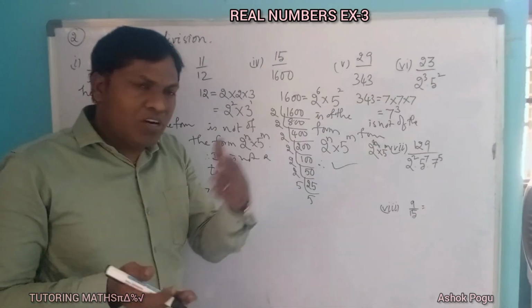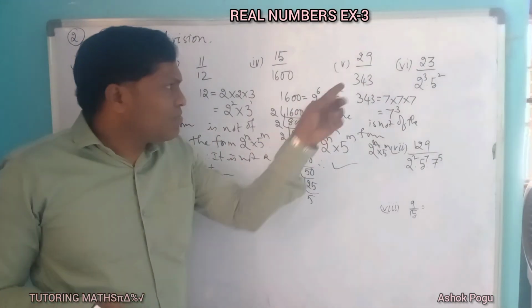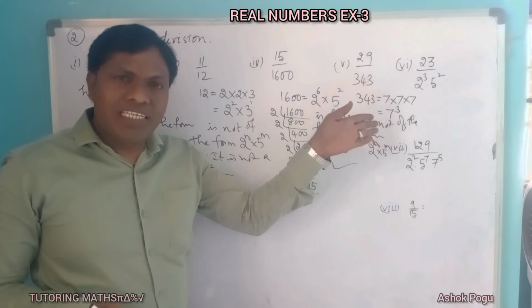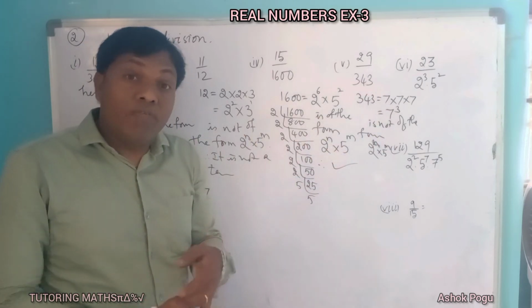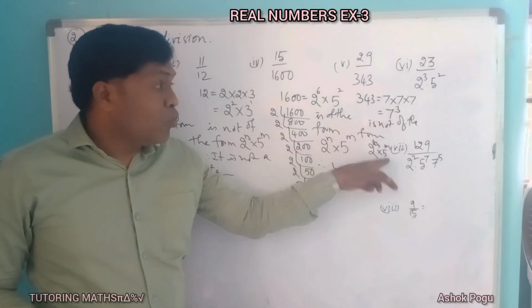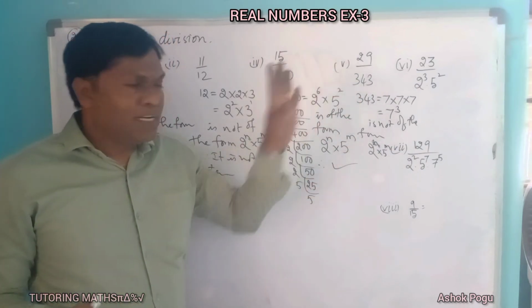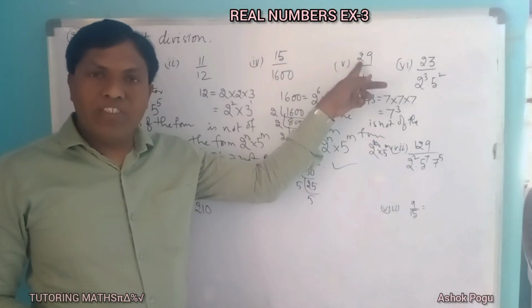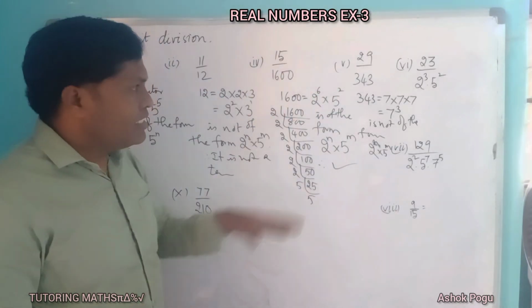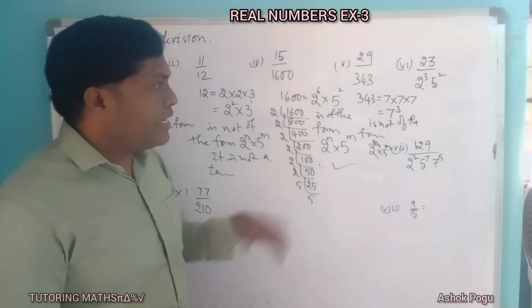Actually, we have got 7 in the denominator. What are the factors of the denominator? All 7s. It is expressed as 7 power something. There is no 2 or 5. When you get factors other than 2 and 5, surely it doesn't become terminating, and your answer should be written here. It is not terminating. It is a non-terminating repeating decimal.